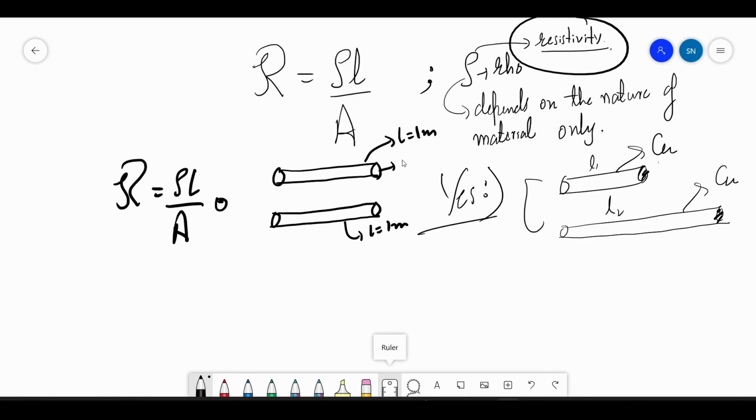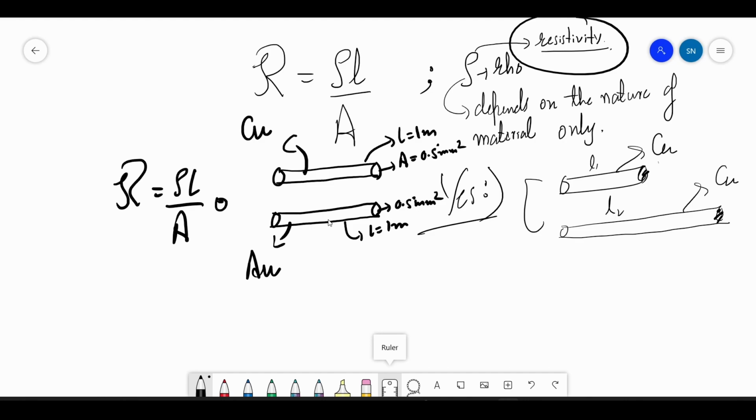Each has a cross sectional area of 0.5 mm square. This is made up of copper. This is made up of gold. Will they have the same resistance? No, sir. Will they have the same resistivity? No, sir. They won't have the same resistivity because both of them are made from different materials.